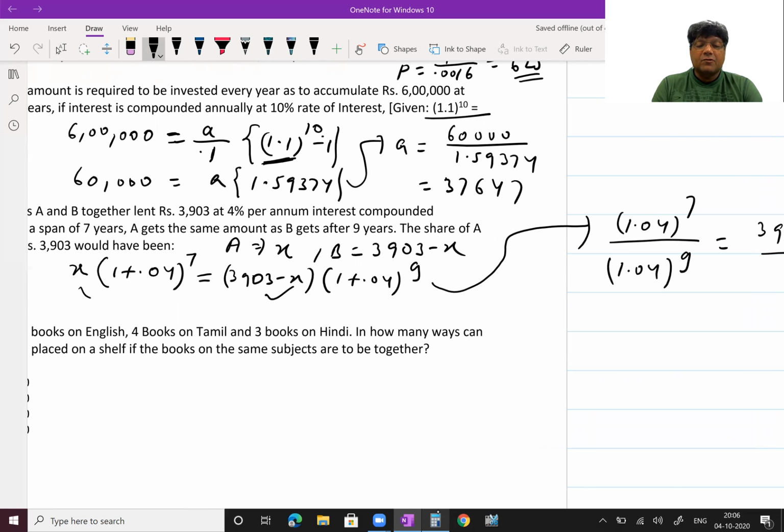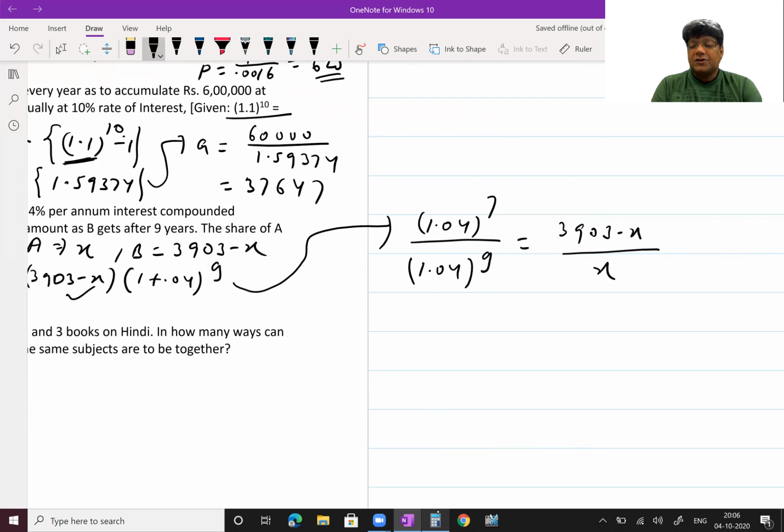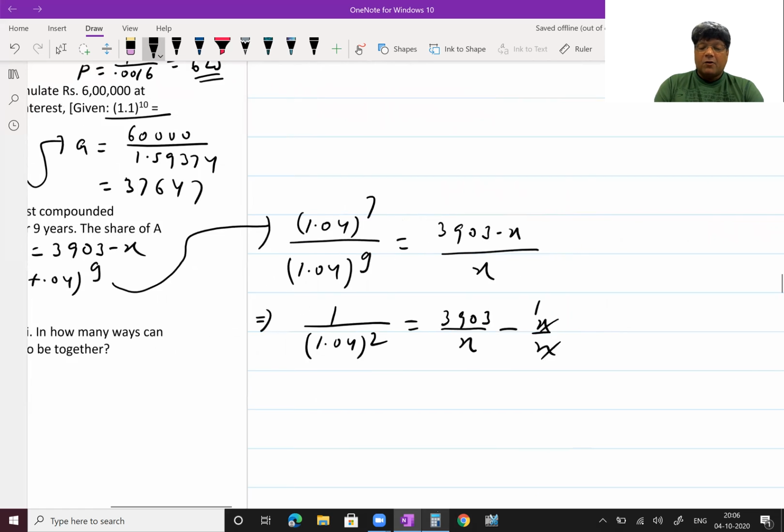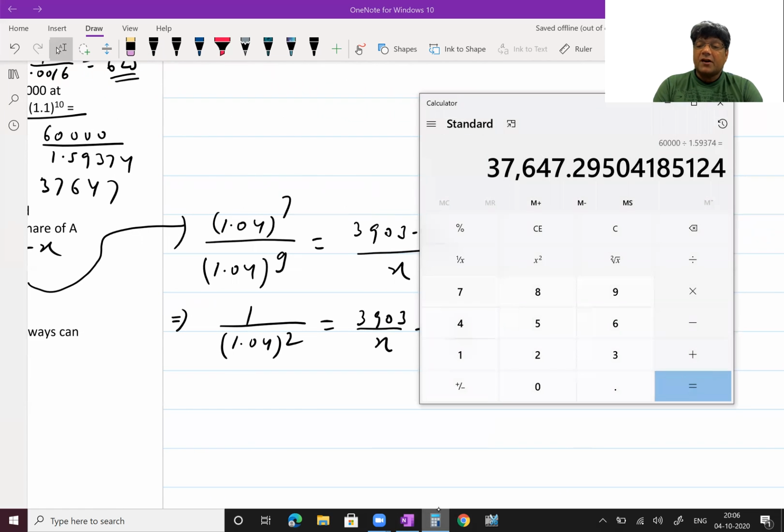Bring this x down to the right side. So this is the situation. Now, according to indices, base same, so power will be subtracted. So what will remain? It will remain 1 by 1.04 whole square is equal to, I can separate this: 3903 by x minus x by x. This x by x is 1. And now 1 by 1.04 square, I will calculate by calculator.